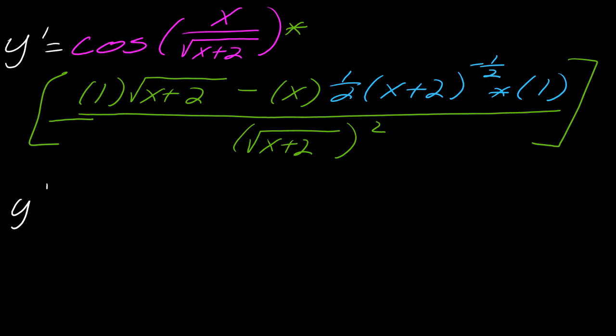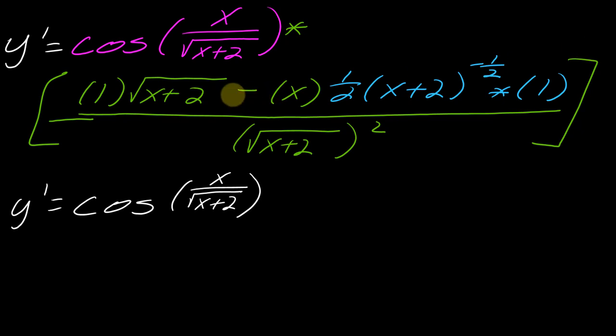Okay, so I'm going to have that y prime is equal to the cosine of x over the square root of x plus 2. And now let's work on just simplifying the square bracket part. So this is going to be the square root of x plus 2 minus, let's break this up into two pieces actually. So this first piece, I'll just take this over this.